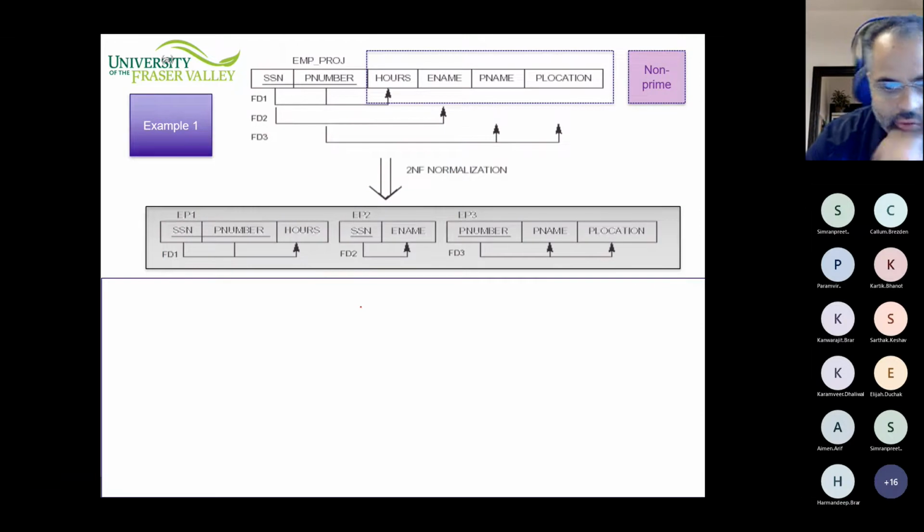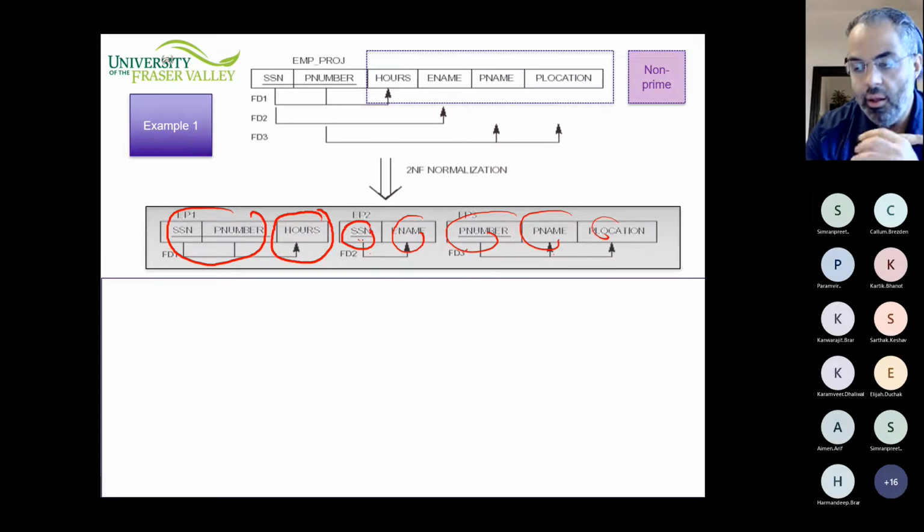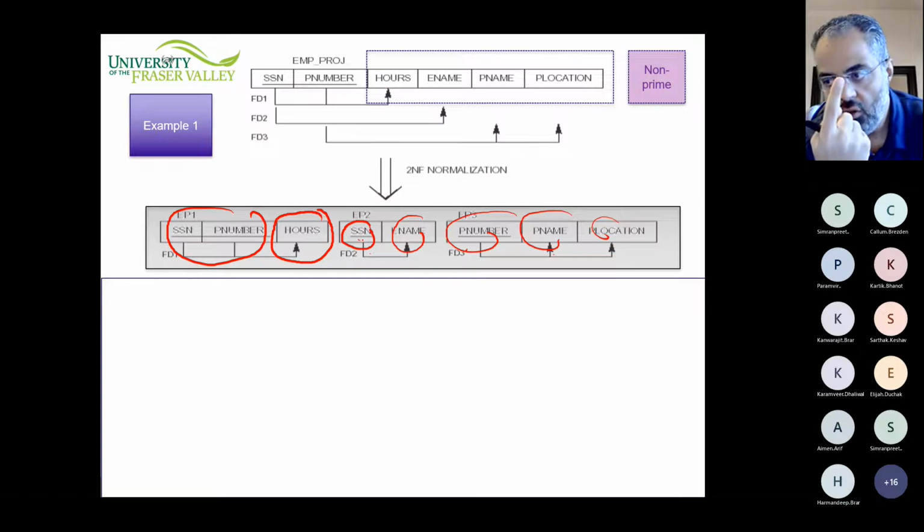Now, if I discuss the three tables, we have the non-primary attribute hours dependent on the whole key. In this table, the primary key is SSN, and the E name depends on this. Here, the primary key is P number, and the rest depends on this. Normally, this is a rule: if the primary key is only one attribute, then it's always second normalization.